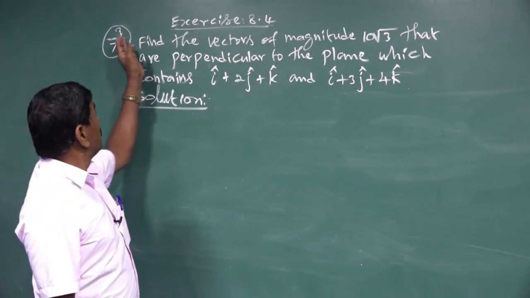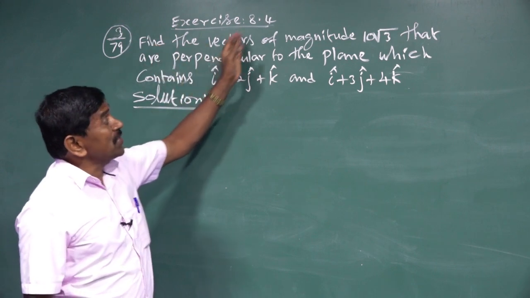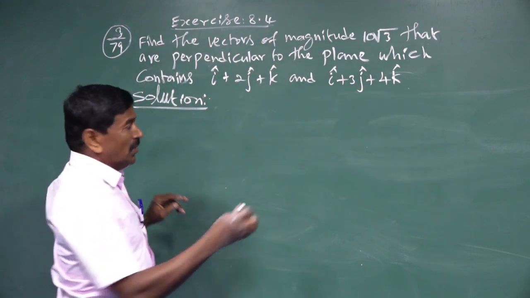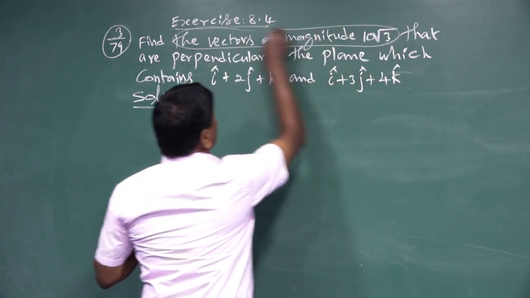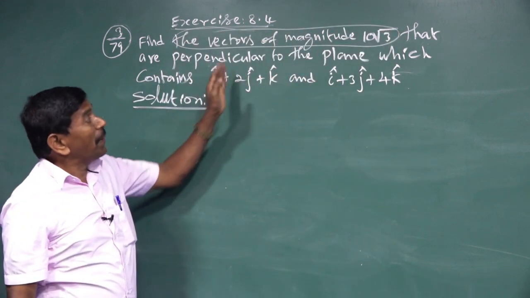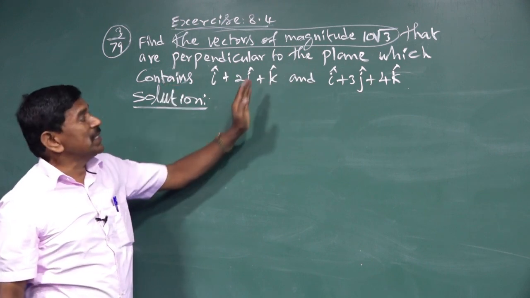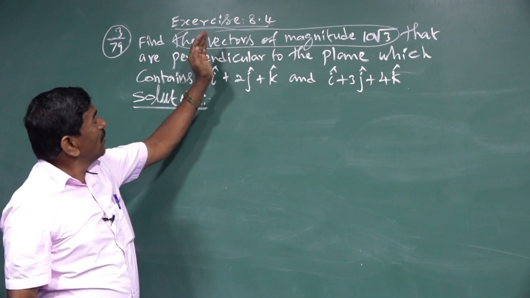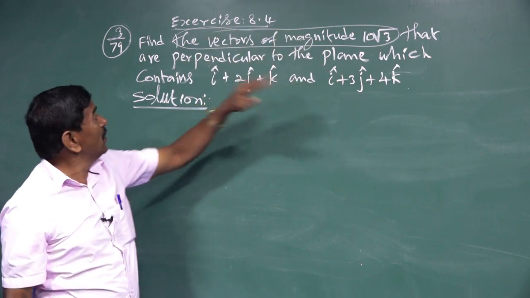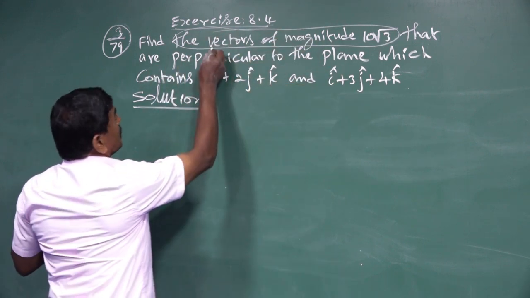Exercise 8.4, third sum. Find the vectors of magnitude 10 root 3 that are perpendicular to the plane which contains the first vector and the second vector.